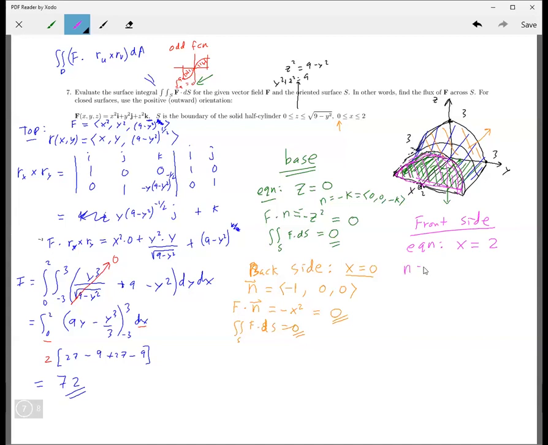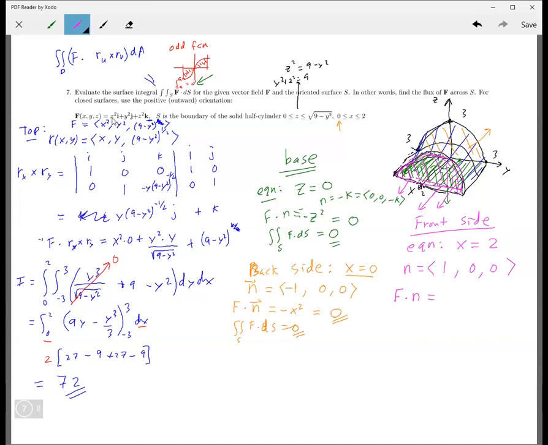Okay, what's a normal pointing out? It'd be pointing in this direction, parallel with the x-axis. Yes, 1, 0, 0. You're after the unit normal. Okay, so now F dot n.